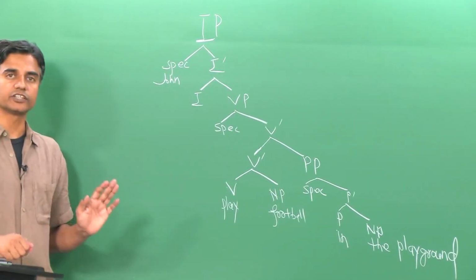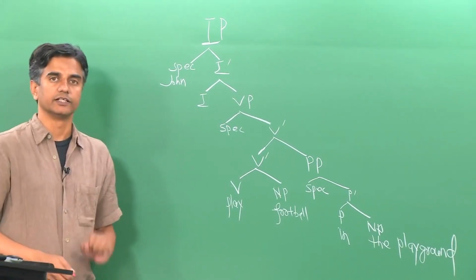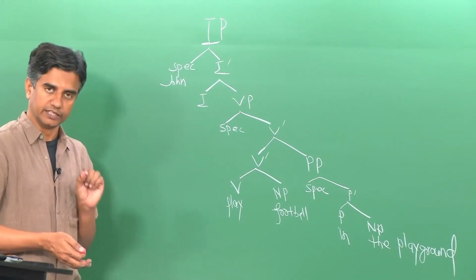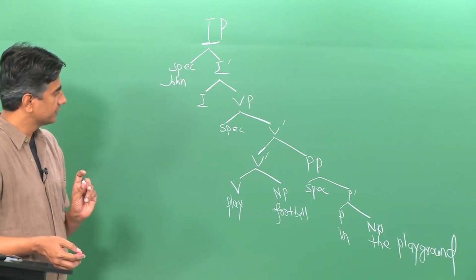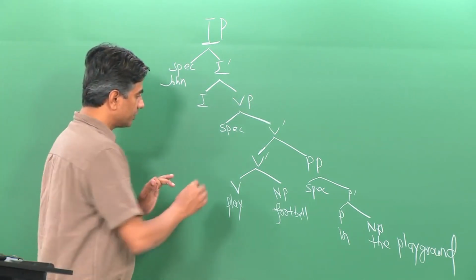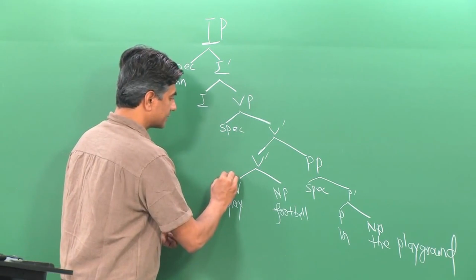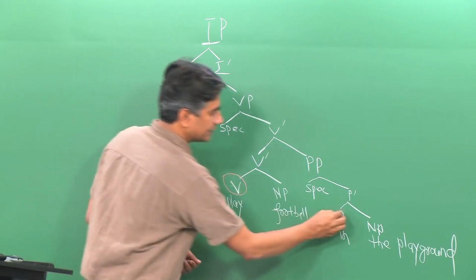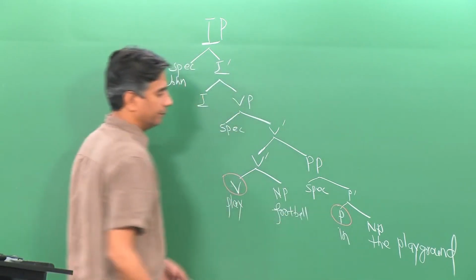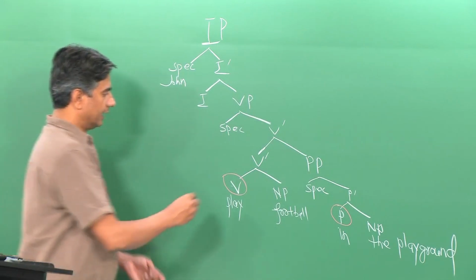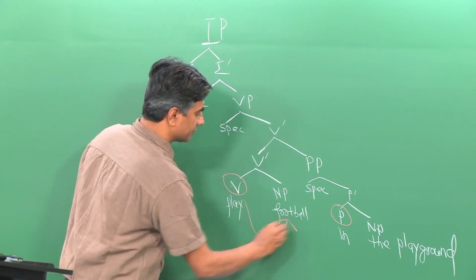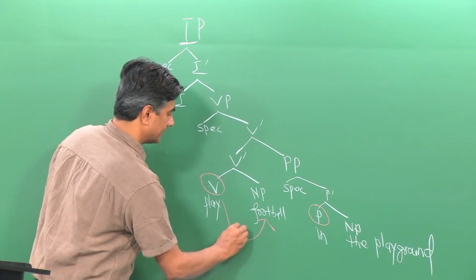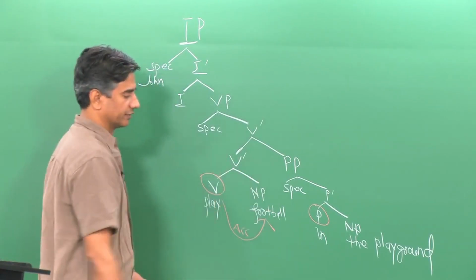Now this is the structure of the sentence that you have seen. Now what I want you to know is the argument that this V and this P, being heads, assign accusative case to their complement.